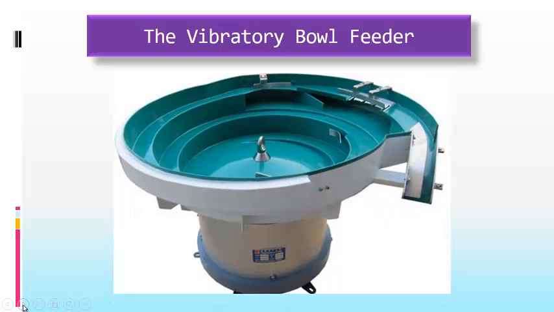Here is a real bowl feeder, not a drawing. As you see, on the top of the bowl there are some devices which let only the part in the right orientation come out of the outlet of the feeder.